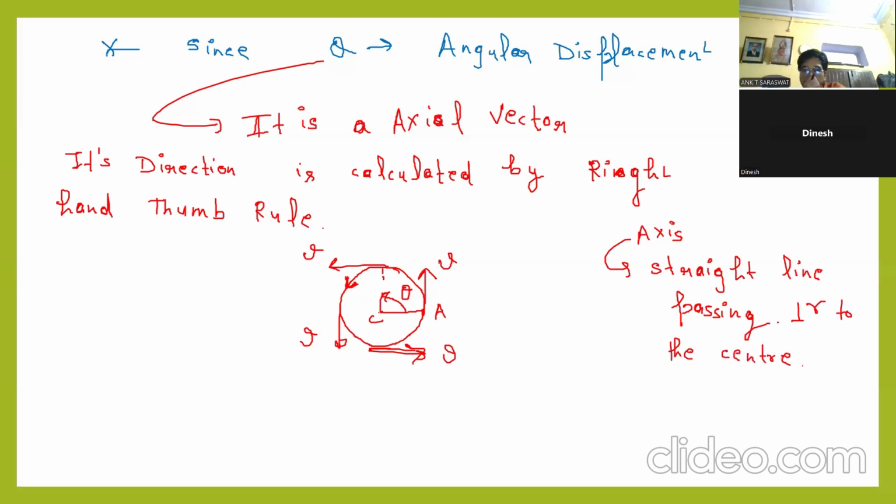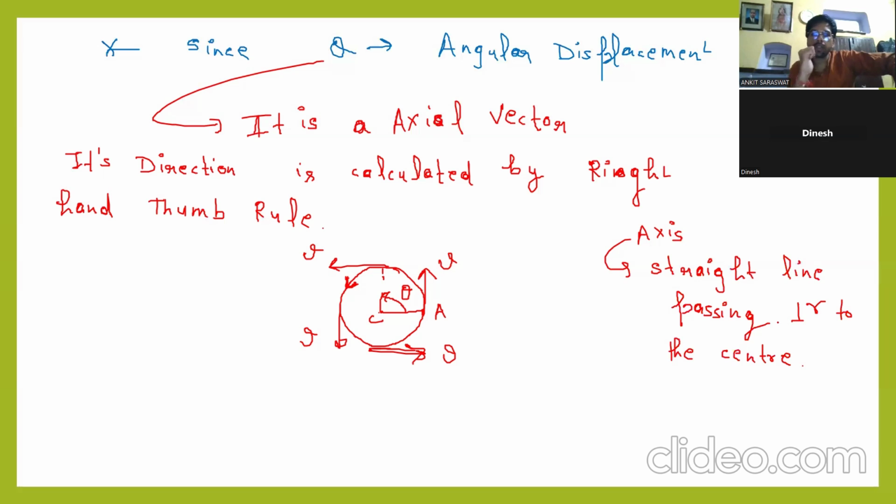Clear? So if a particle is moving like this, anti-clockwise, take your right hand and move your fingers in the direction of motion like this, all the fingers. Then your thumb will point in which direction? Outwards. Clear? All four fingers must be in the direction of motion of the object. It is moving like this. Clear?